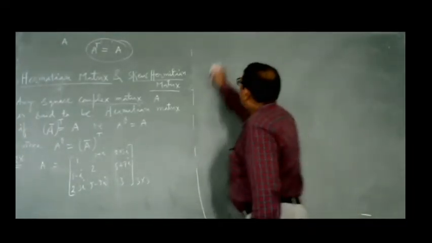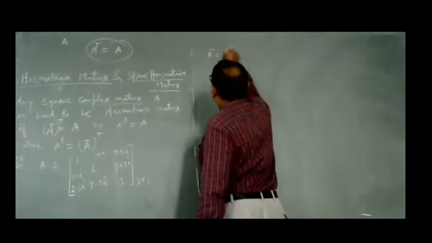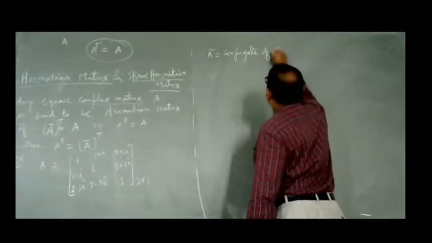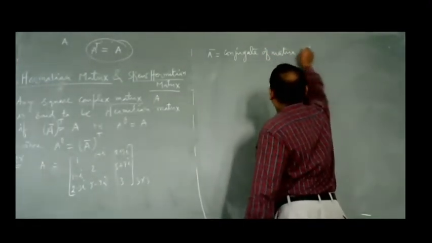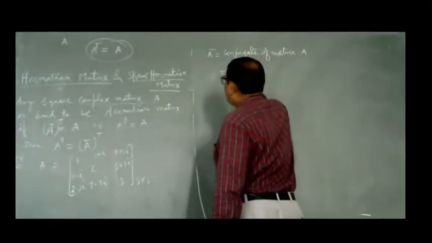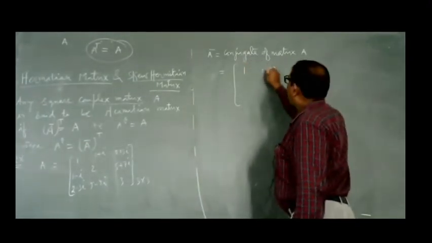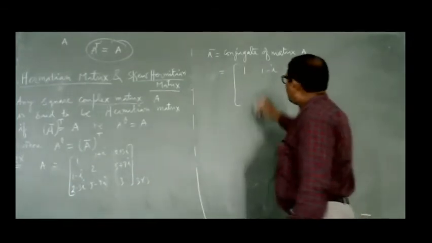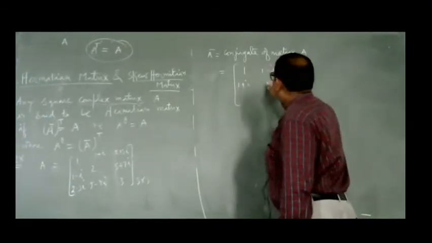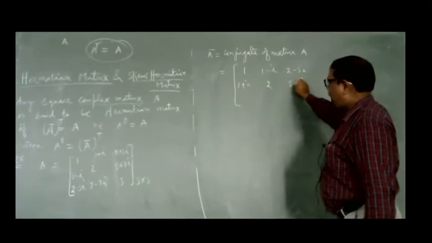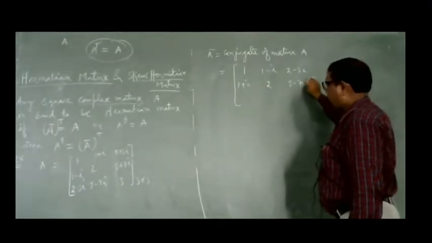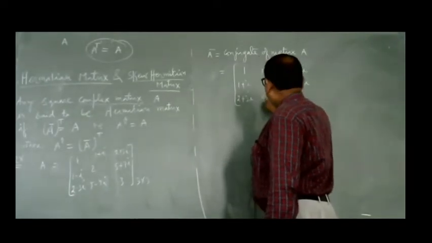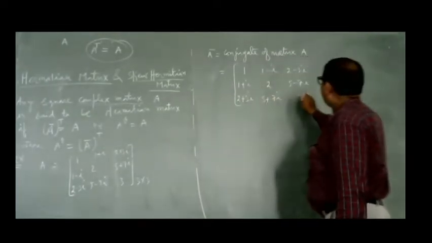So, the conjugate of this matrix is A bar, and this is written as 1 minus I, 2 minus 3I, 1 plus I, 2, 5 minus 3I, 7I, and 2 plus 3I, 5 plus 7I, and here is 3.